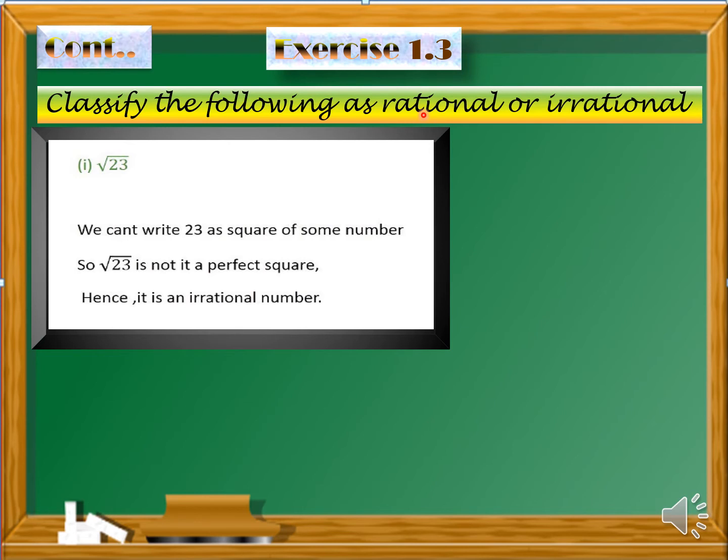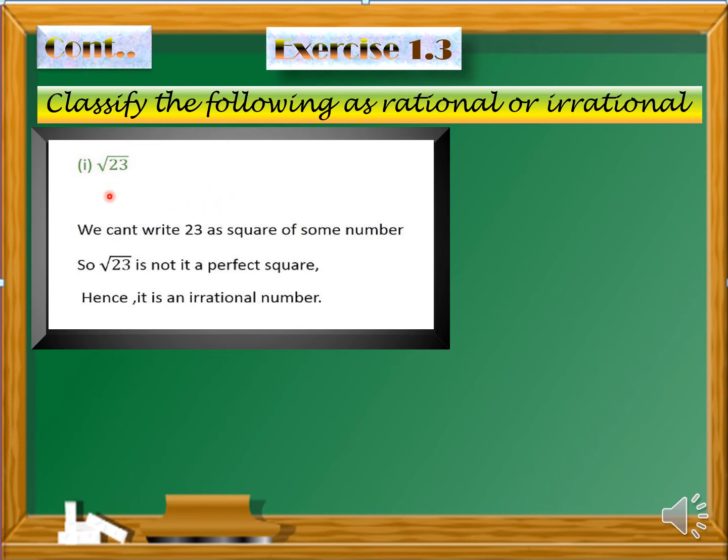Because root 4 gives the value 2, which is a whole number or natural number, so it comes under rational form. Rational numbers contain integers, whole numbers and natural numbers in the numerator as well as the denominator. Only 2 is there, so where is the denominator? As I have said, every number has a default denominator of 1.